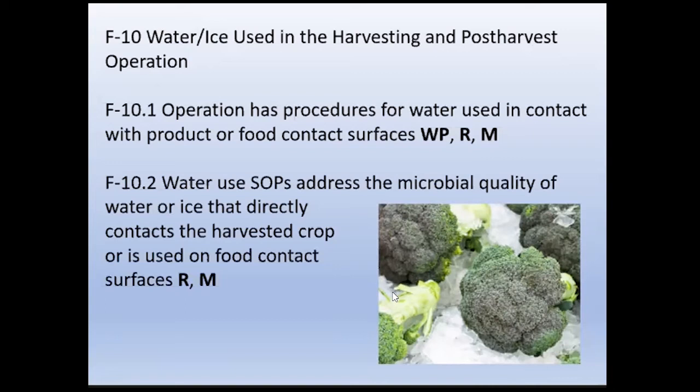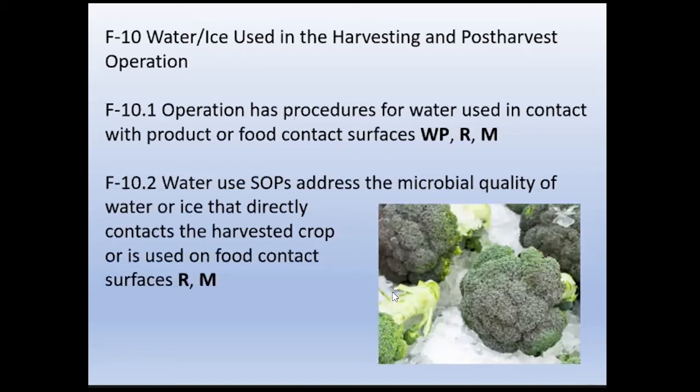Going on to F10.2, water use SOPs address the microbial quality of water or ice that directly contacts the harvested crop or is used on food contact surfaces. And here, record is required and it is mandatory.